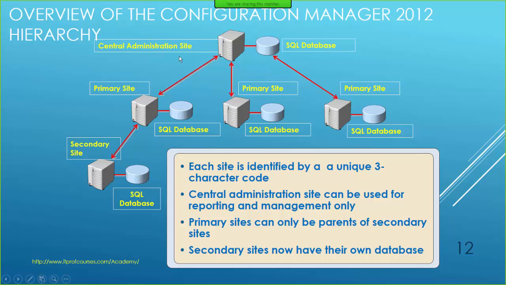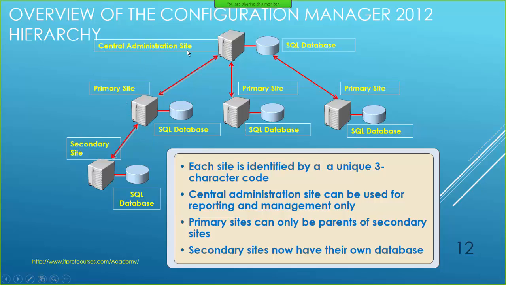Okay, so where I was explaining this, it's central administration. So the central administration site is the feature we install, which just handles all the primary sites, while a primary site is a site where there's a SQL database and where all the central functionality is going on.